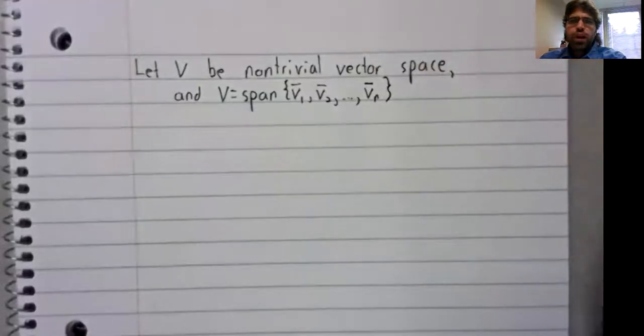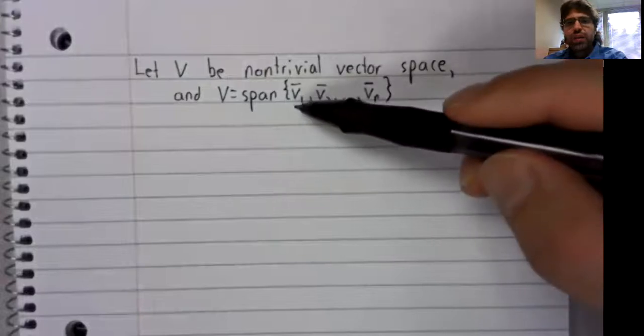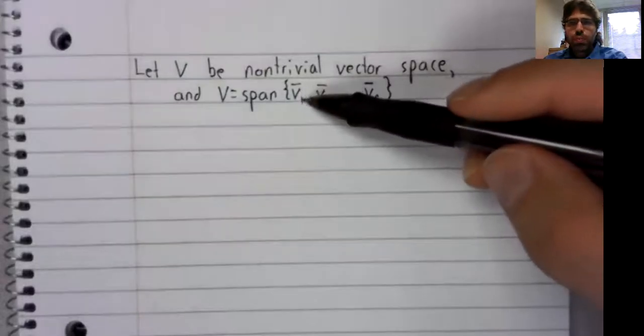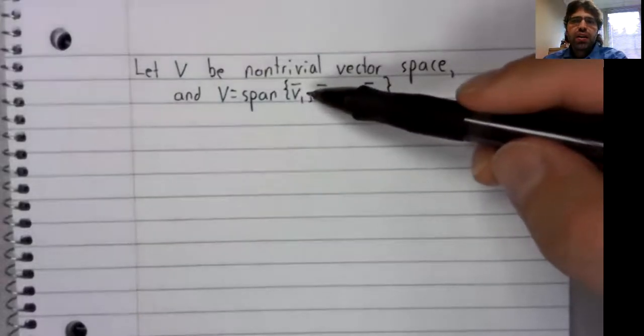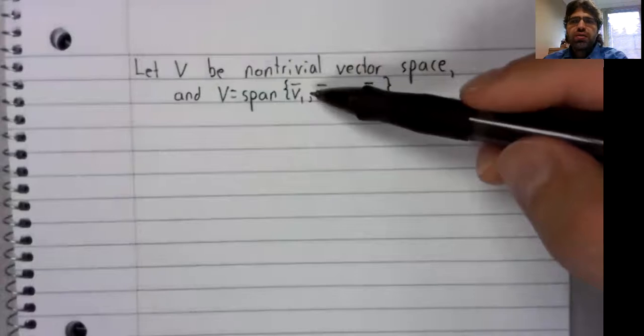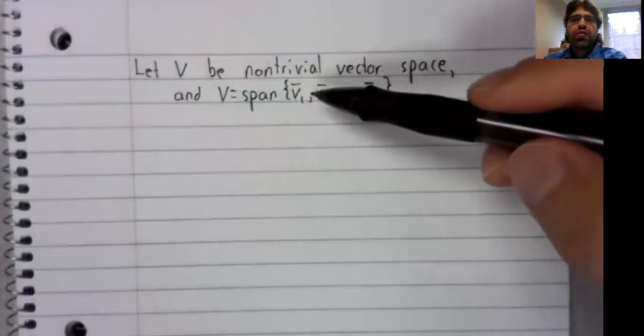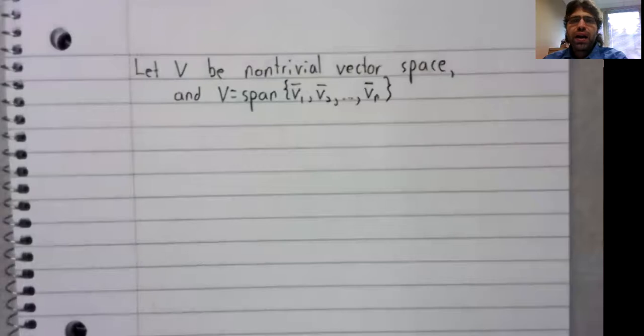And I should probably point out that not every vector space has this property. For example, the vector space of continuous functions is not the span of any finite set of continuous functions.